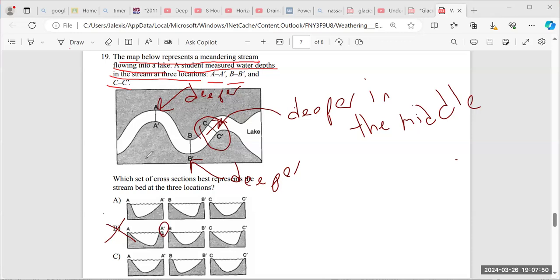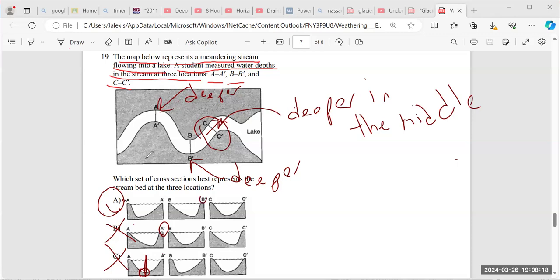That's incorrect. It can't be C because it's showing me that between A and A prime, the deeper part is in the middle. And we just acknowledged that A, the side closer to A, is going to have the deeper part. And that's why the correct answer is A. Letter A, the deeper part of the stream is closer to A.